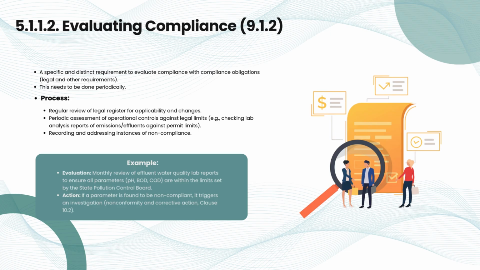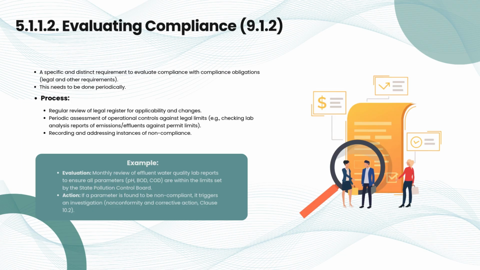For instance, reviewing lab analysis reports of your air emissions or wastewater discharge to ensure they are within your permit limits set by regulatory bodies. And, crucially, documenting any instances of non-compliance and ensuring they are addressed.